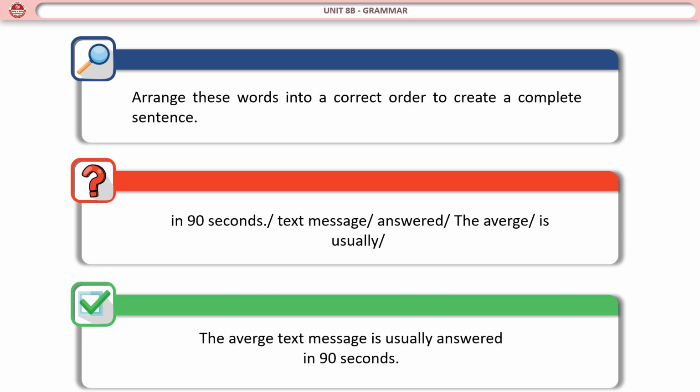Remember that the adverb usually has to stand right in front of the past participle. And then in 90 seconds, it would be information about time. And we will put that at the end of the whole sentence. If you did this sentence correctly, congratulations, you understand how to do passive voice sentences.